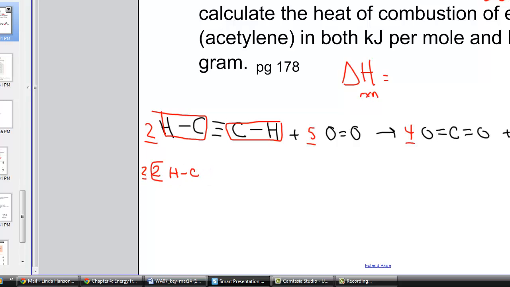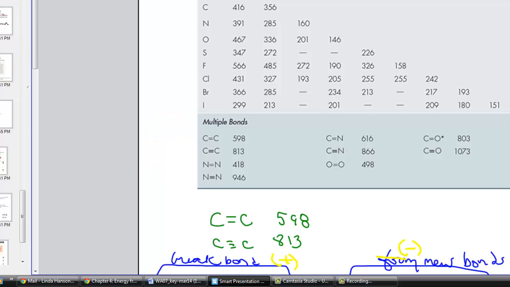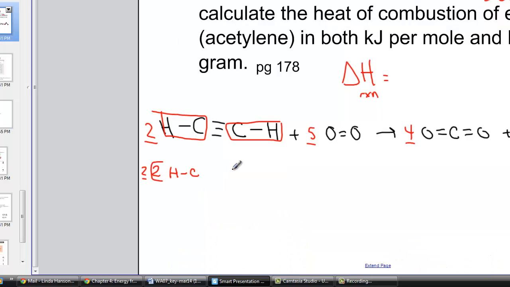I'm going to look up HC. HC is 416, so 416 is its content. Really I'm hitting 4 times 416. 4 times 416 is 1664.